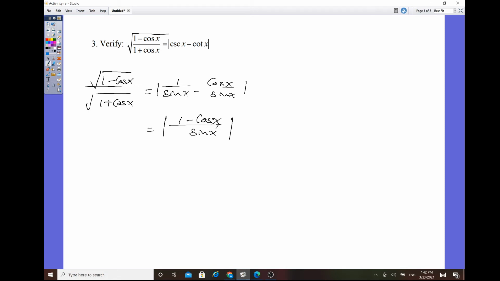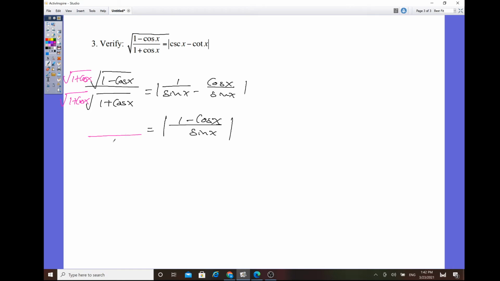But now what about the left-hand side? It looks like we need to rationalize it. Multiply by the same radical, top and bottom. Not the conjugate, the same radical, because you want to get rid of the radical. So multiply by the square root of 1 plus cosine of x.